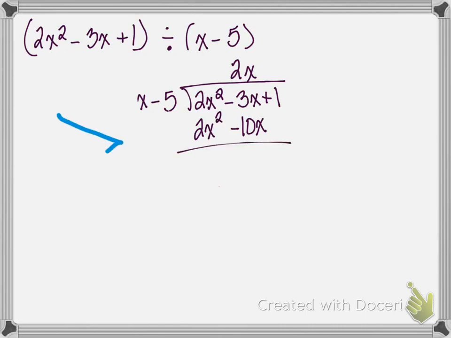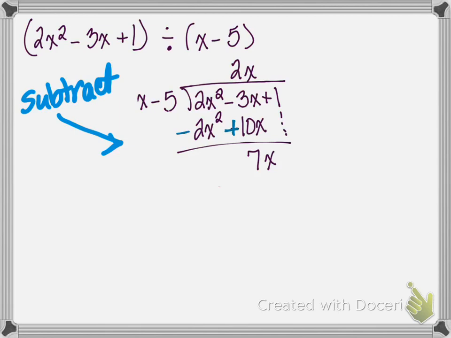Don't forget, we are subtracting. So this is minus 2x squared plus 10x. Negative 3x and positive 10x give me positive 7x. 2x squared and minus 2x squared give me 0.